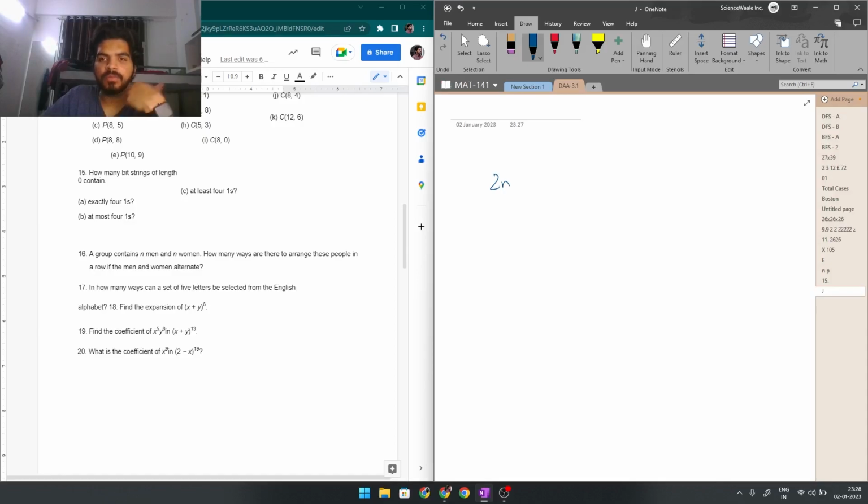2n, because there are n men and n women, but whatever the position, it will be taken by the first. If it is a man, then the next one has to be a woman. So then we will have only n options. Then the next position will have n minus 1, because it will be from the set.